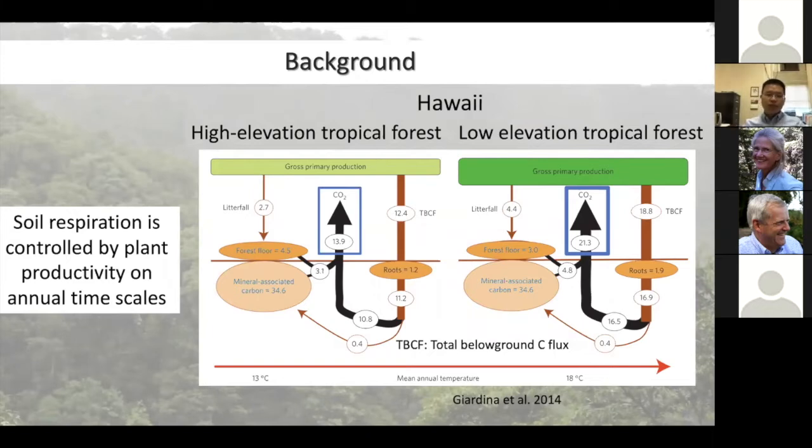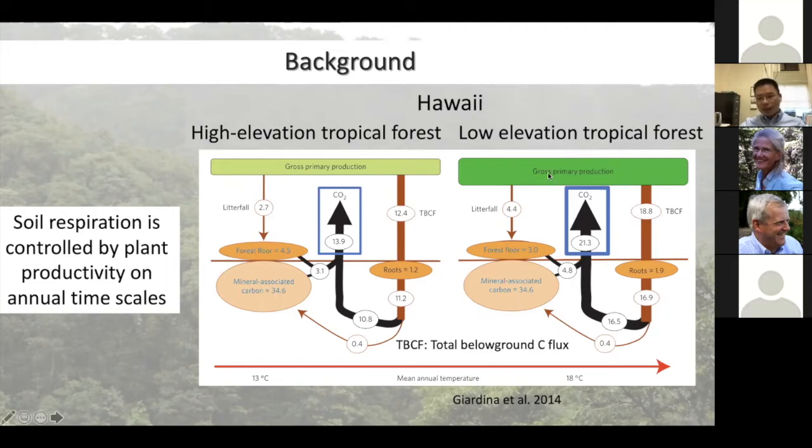some studies have found that soil respiration is controlled by plant productivity on an annual time scale. Here is a study in tropical forest in Hawaii. The author used several forests from high elevation to low elevation. The different elevations have different gross primary production.